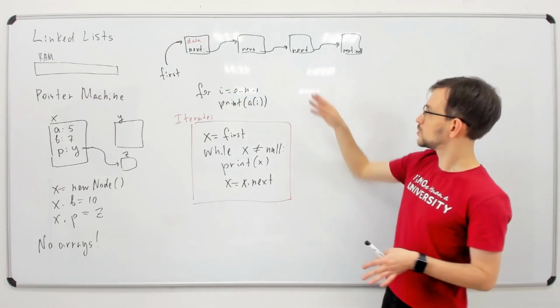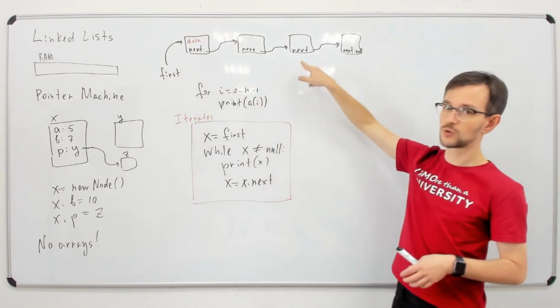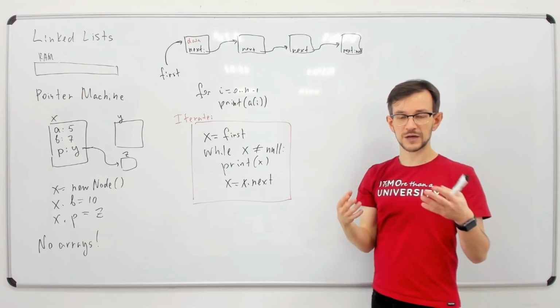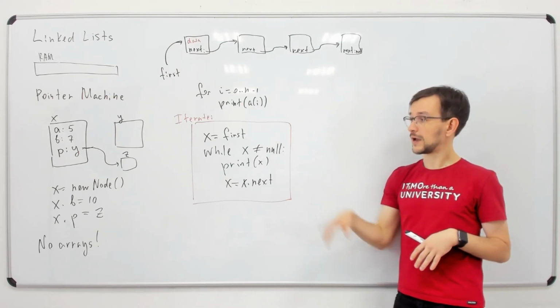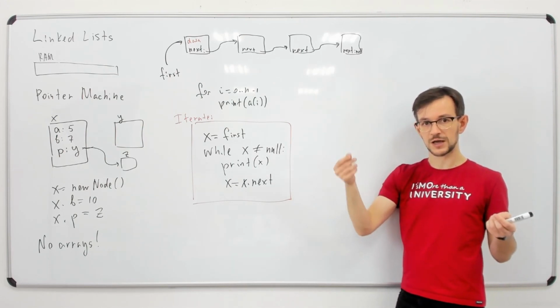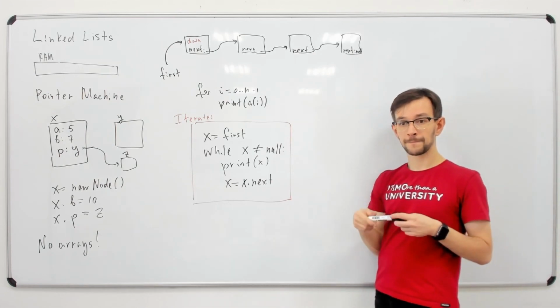So you may need up to n time to find this element in the linked list. And in the array, you can access any element in constant time just by using this indexation. Okay?